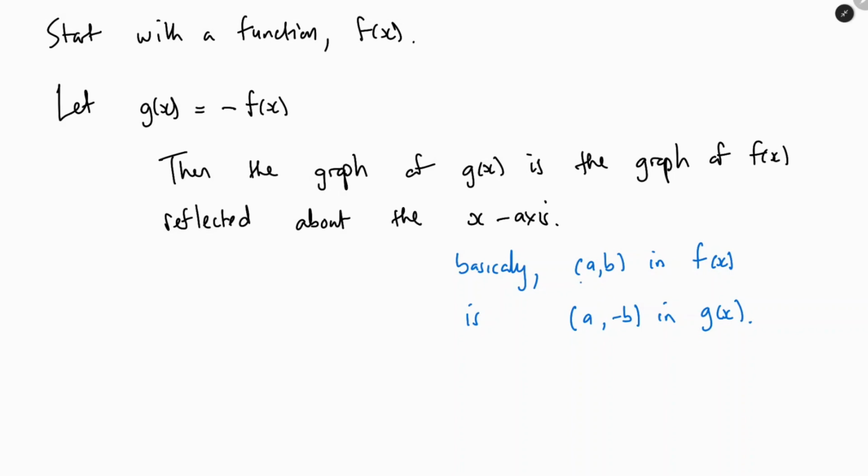So as you can see here, the x coordinate stays the same, but for each x coordinate the y coordinate, which is of course the f of x value, is now negative in g of x. So we just take the negative of that. So the consequence of this is that we have a reflection about the x-axis. So let's do an example.